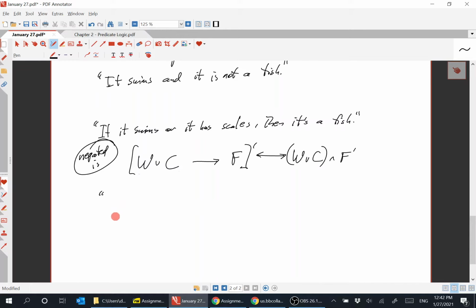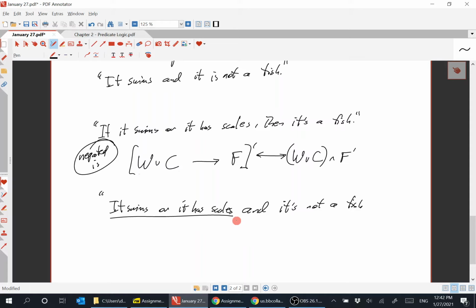So it's going to be something, and it's not a fish. It swims or it has scales, and it's not a fish.